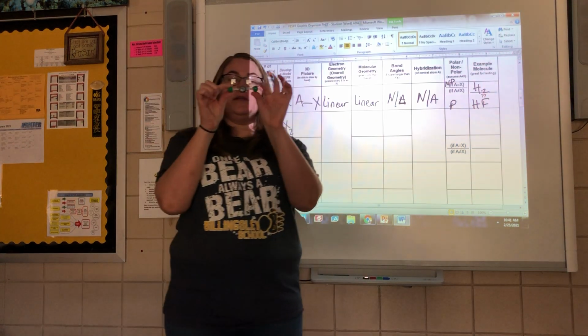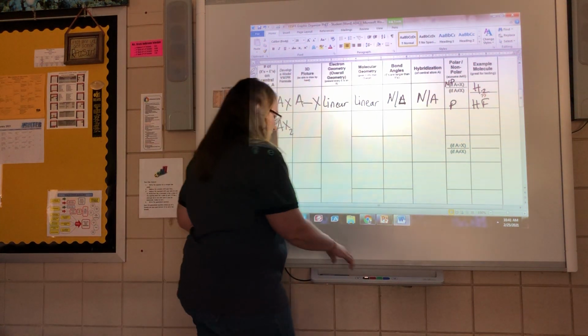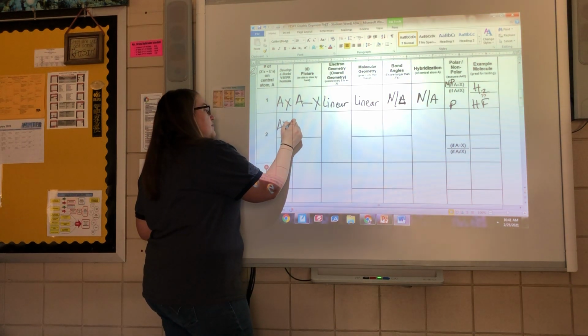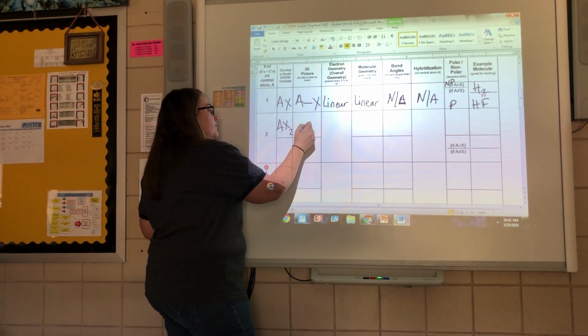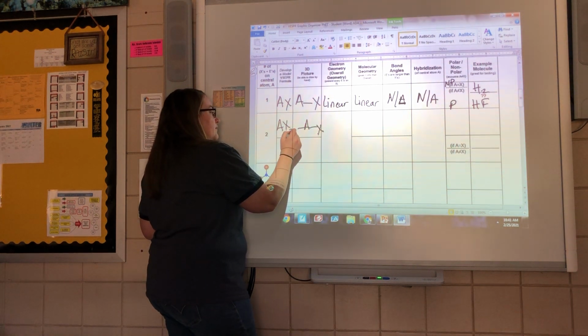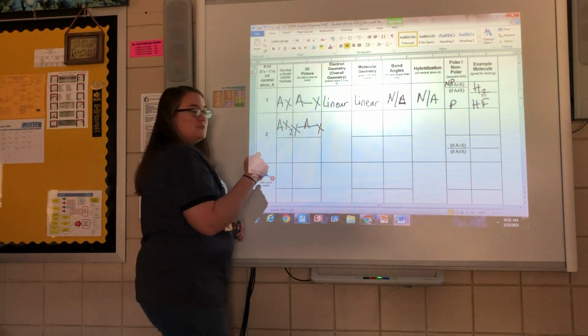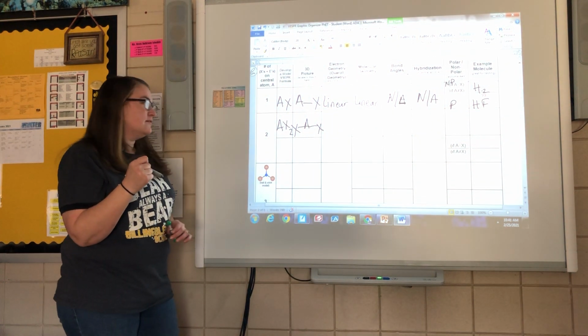Okay? So I've got one central atom, the silver one. The bonds here and the greens are going to be the X's. So as far as how we would draw that, that would be A in the middle. Can y'all tell what I'm trying to draw with this? Okay.